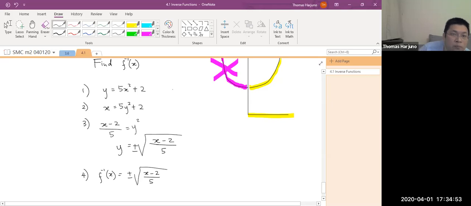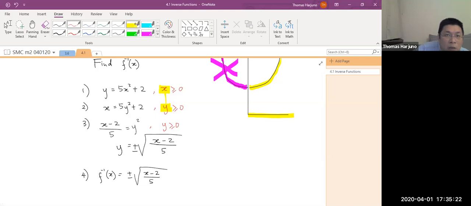Now, where's the problem? That's because we forgot to include the restriction that x has to be at least 0, which then changed to y at least 0 when we swap, the x becomes y, y becomes x. Do you see that? Okay. Now, when y is at least 0, it means I will only take the positive branch, not the negative branch.